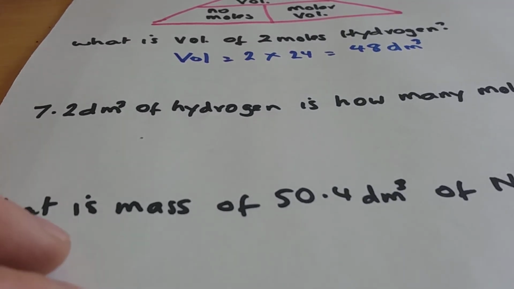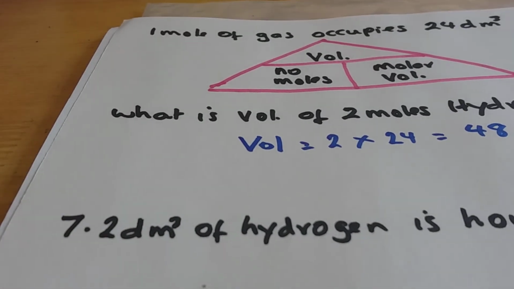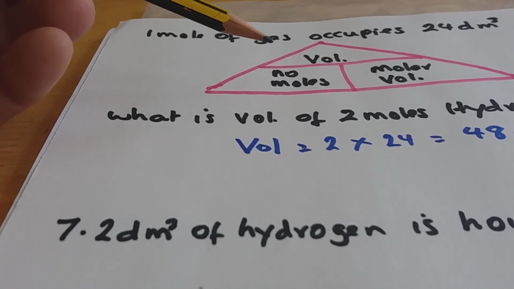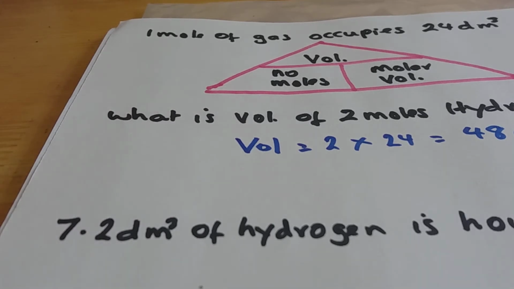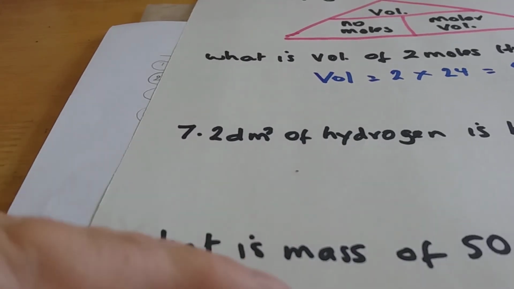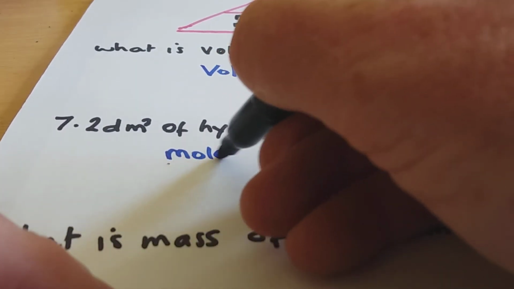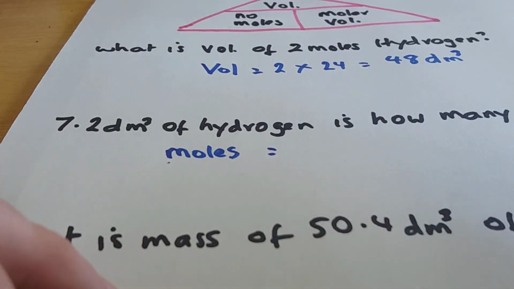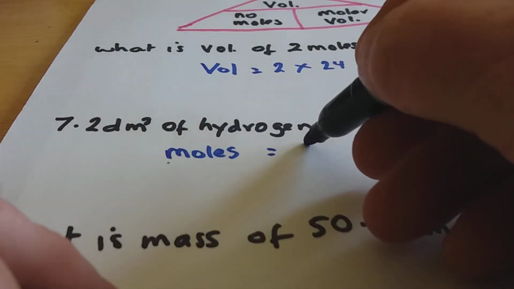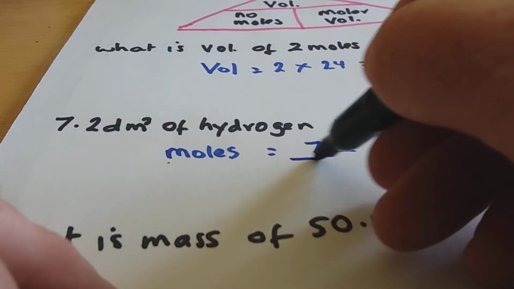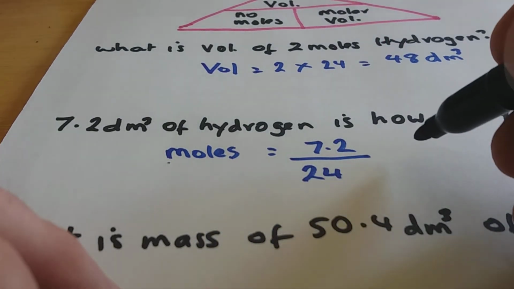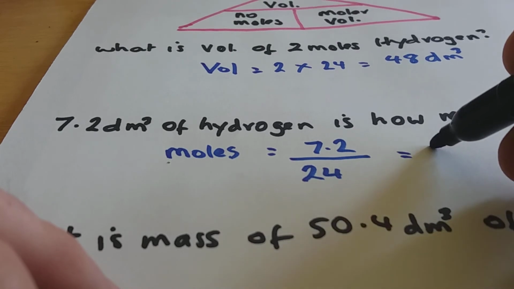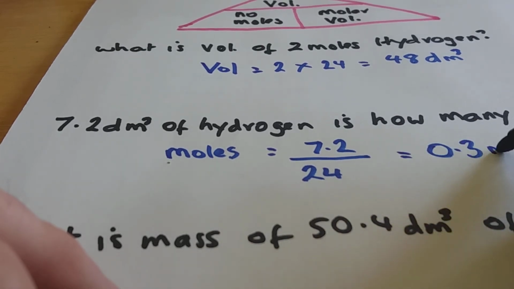This is when you're given a volume and they want to know the number of moles. So, number of moles equals the volume divided by molar volume. So in this case then, moles equals the volume we're given, which is 7.2 decimeter cube, divided by 1 mole. And 7.2 divided by 24 comes out as 0.3 moles.